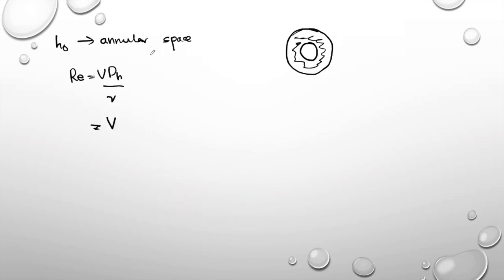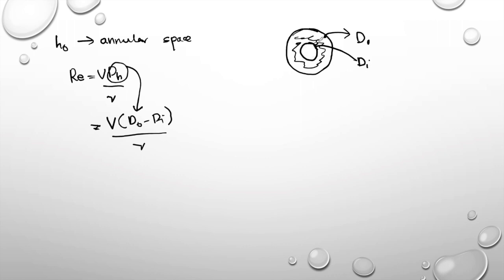If you deal with an annular space, your hydraulic diameter becomes d_o minus d_i. Here d_i is the outer diameter of the first inner tube, and d_o is the inner diameter of the outer tube.